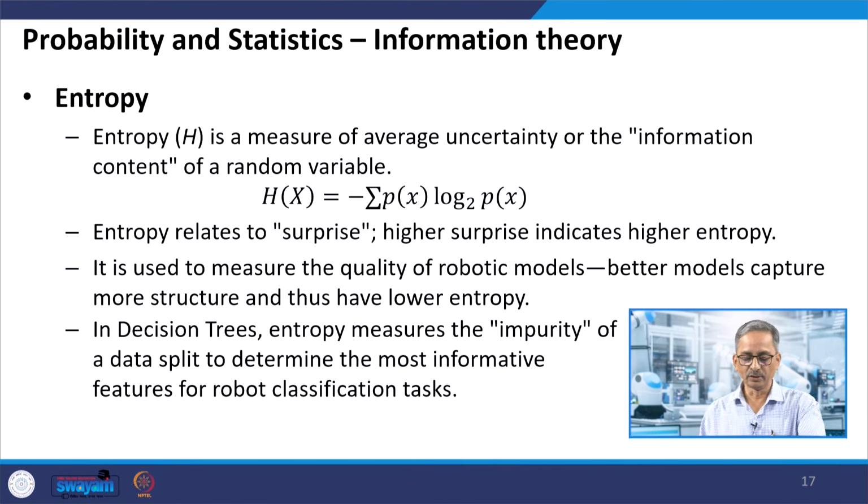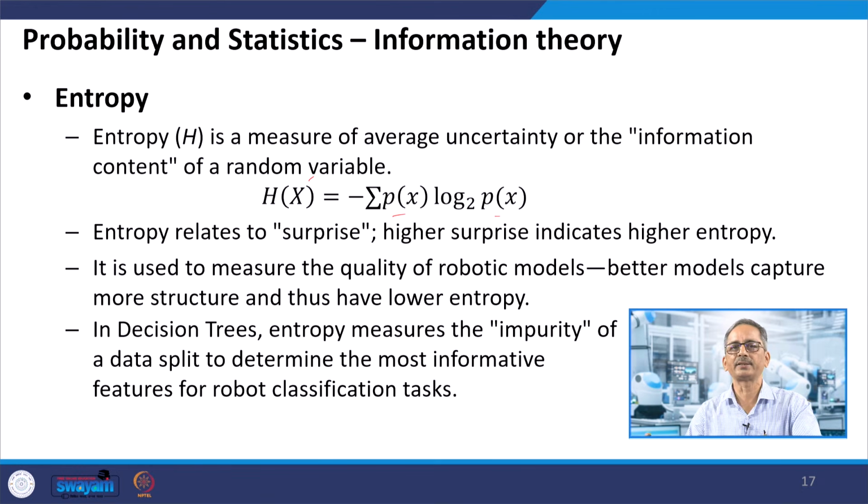Next, let us look at the concept of entropy. Entropy is a measure of average uncertainty or the information content of a random variable, and the entropy of x is given by the summation of the probability of each event x multiplied by the logarithm of that probability. This entropy relates to surprise.